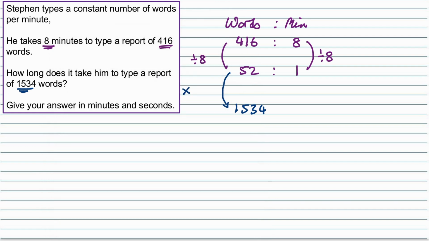So if we multiply this by 29.5, we'll do the same to the other side, and we'll get 29.5 minutes. But we want it in minutes and seconds, so 29 minutes and 30 seconds. Let's try the next one.